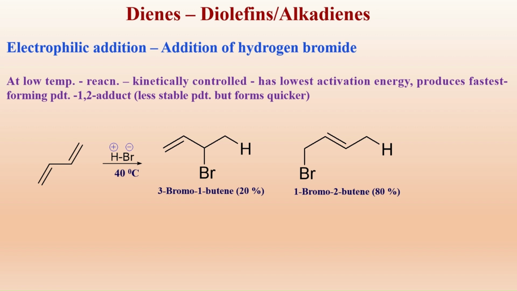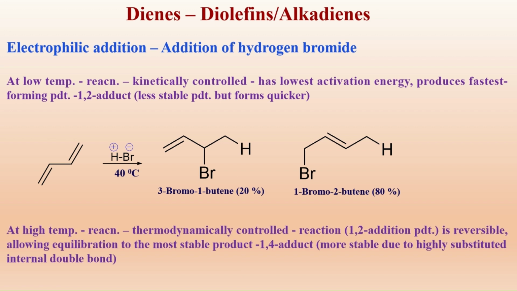At higher temperature, the reaction is thermodynamically controlled. At higher temperature, dynamicity of the reaction increases. The formed 3-bromo-1-butene, that is the 1,2 addition product, is reversible because of the dynamism.